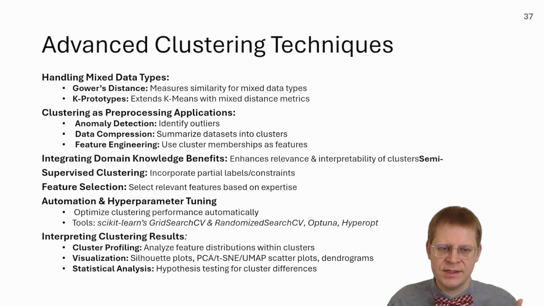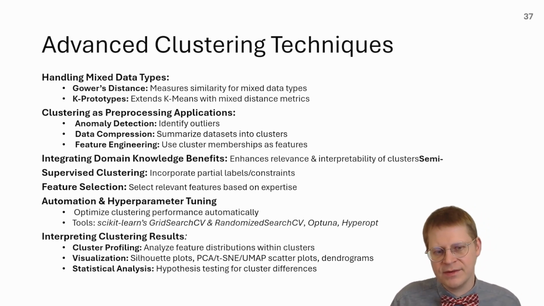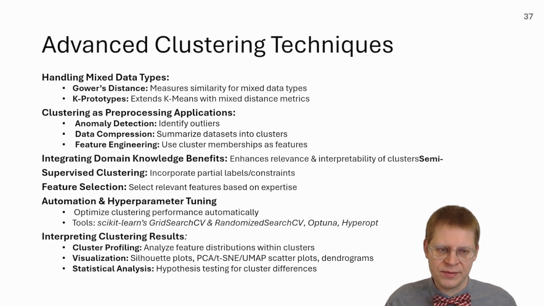You can have it as data compression, just summarize large datasets into representative clusters, reducing complexity. And you can have it as a feature engineering part. Use cluster memberships as new features for supervised learning, adding a layer of abstraction to your model. Again, the model will benefit from integrating domain knowledge into it.